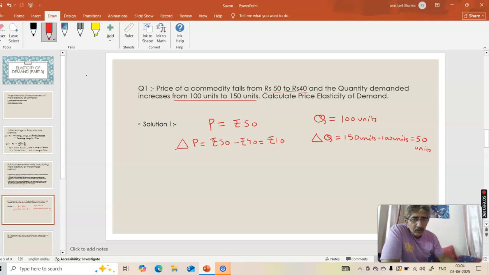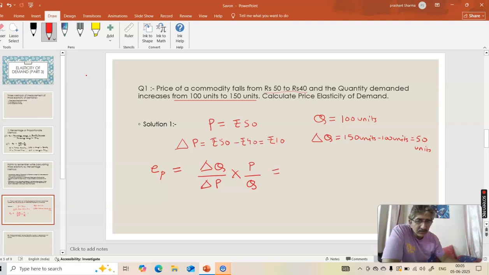Okay. Now calculate the price elasticity of demand. EP is the symbol for price elasticity. Then what is the formula? Change in quantity upon change in price into original price upon original quantity. Initial price upon initial quantity. You can say it that way.